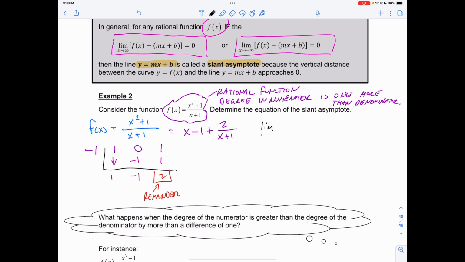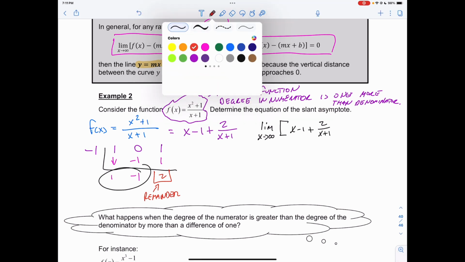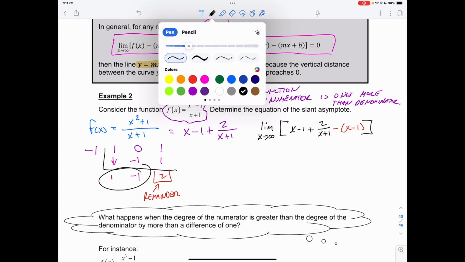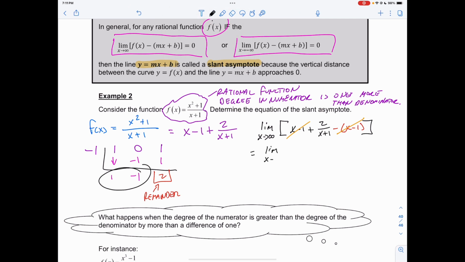The limit as x approaches infinity for, sorry, it was x minus 1, looking here, x minus 1 plus 2 over (x plus 1) minus (x minus 1) is going to equal the limit as x approaches infinity for 2 over (x plus 1), which is going to approach 0, which means y is equal to x minus 1 is the equation for the slant asymptote.